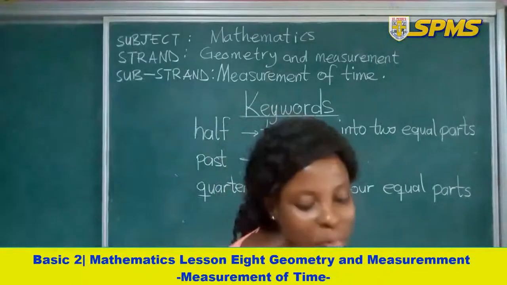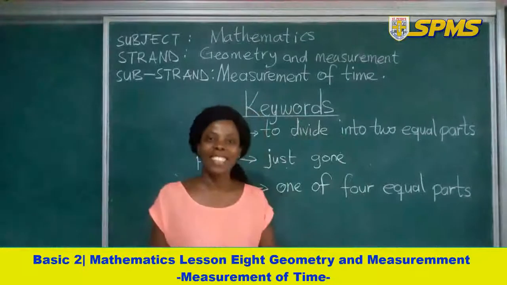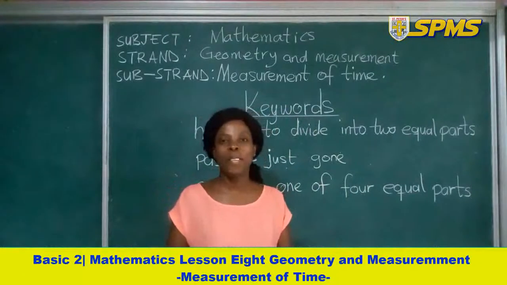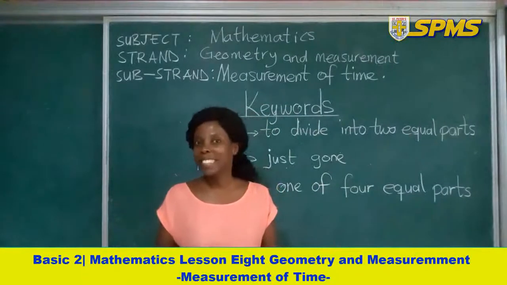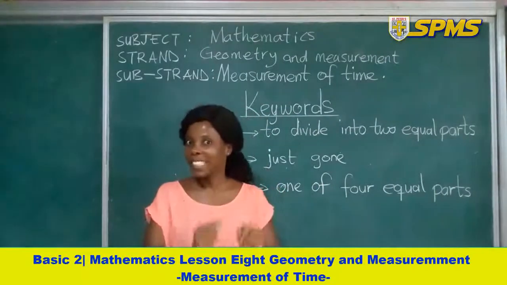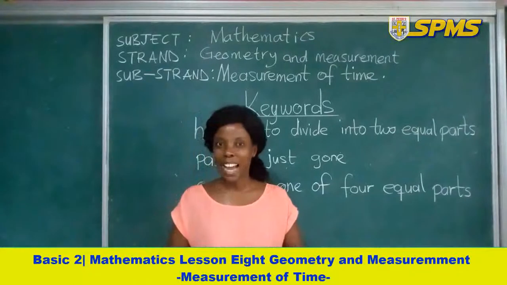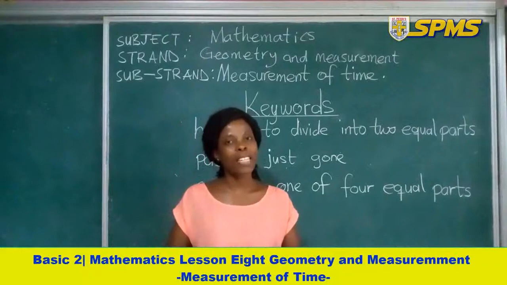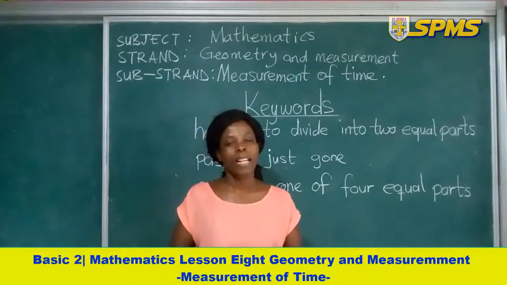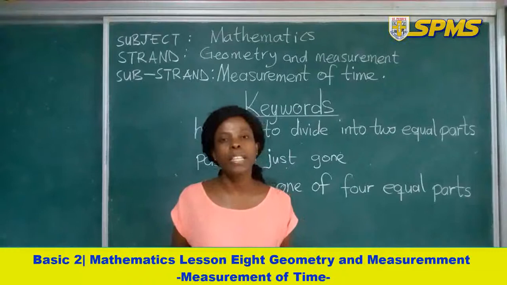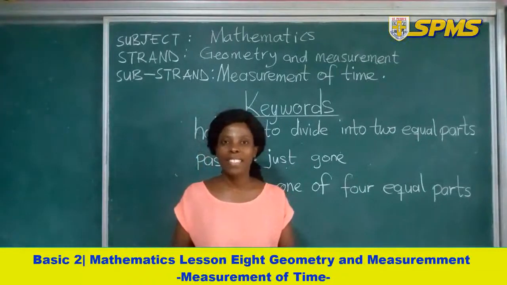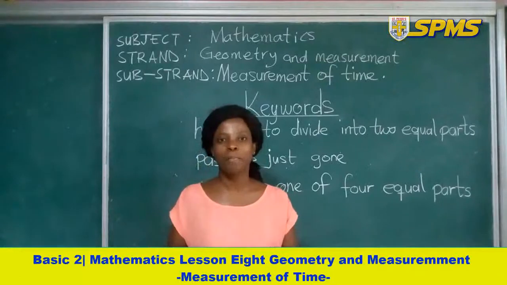Good. In our previous lesson, we talked about how to tell time in hour and in minutes. Hope you've not forgotten. What did we say is time? Time is the period or the interval in which something occurs. Good.